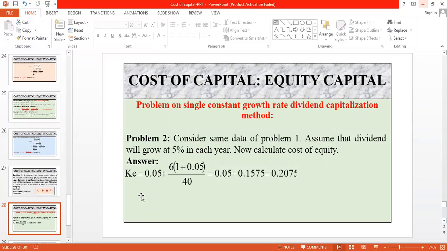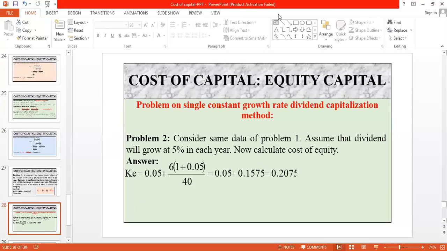For convenience, we have kept the same data of problem 1. That means we are assuming that currently the company is paying rupees 6 dividend on equity shares having face value of rupees 10. But now the dividend is growing at 5% each year.